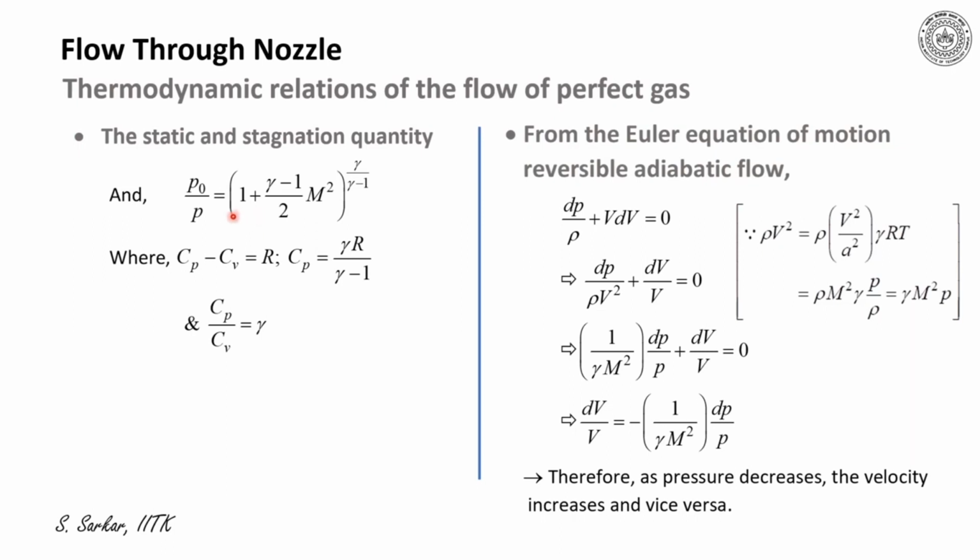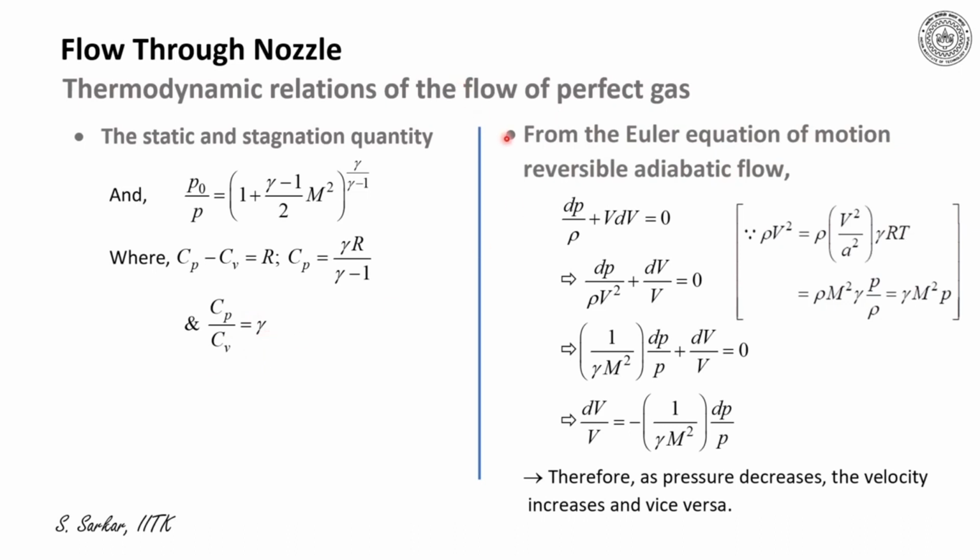So this is the relation of the ratio of total pressure to static pressure with respect to Mach number, where I can say Cp minus Cv is equal to R, and Cp can be stated as gamma R divided by gamma minus 1 using the relation Cp by Cv is equal to gamma.